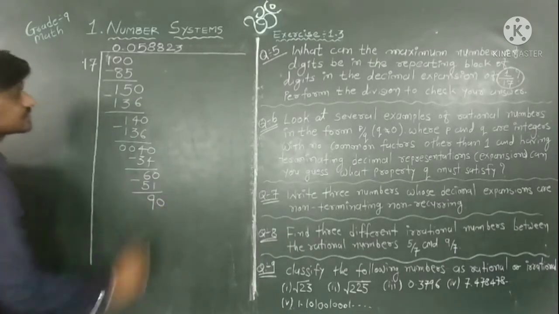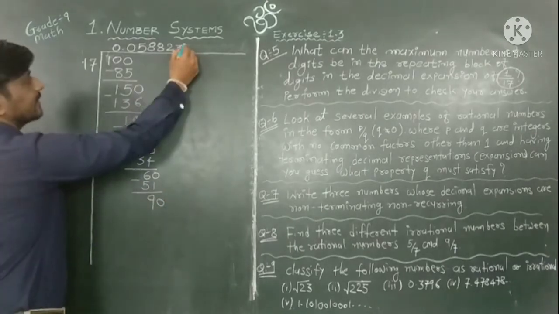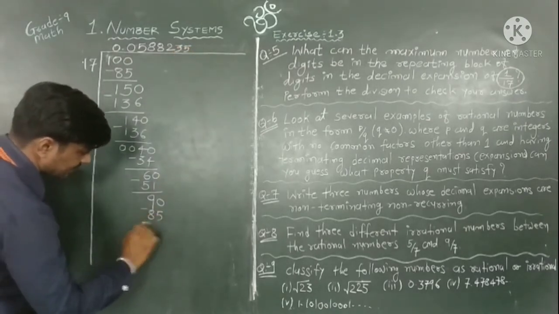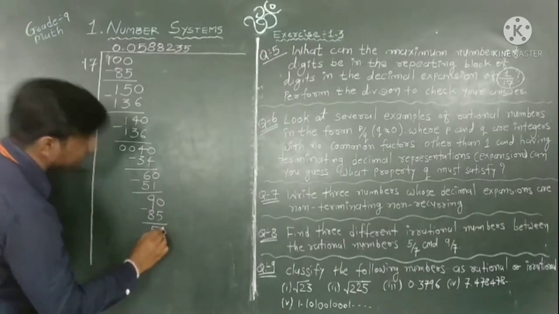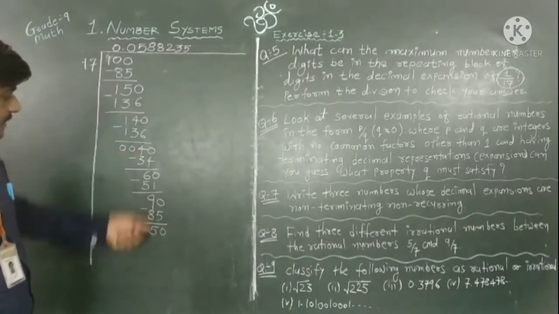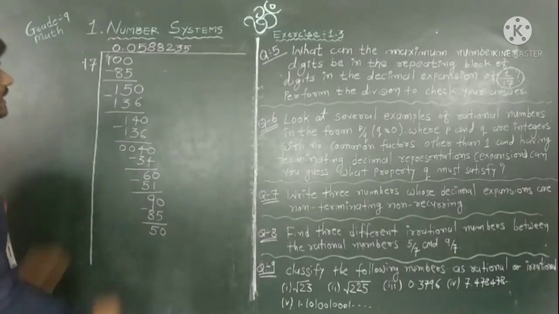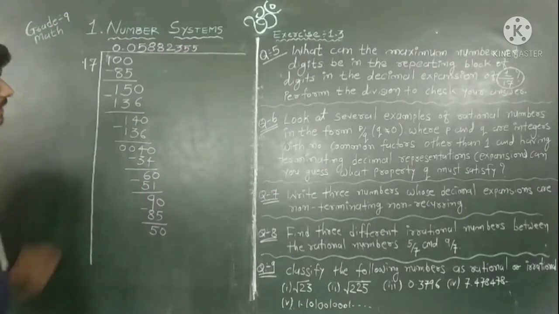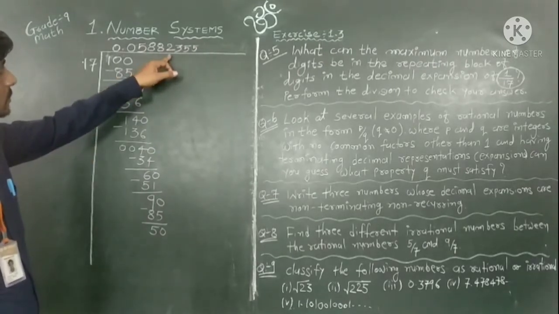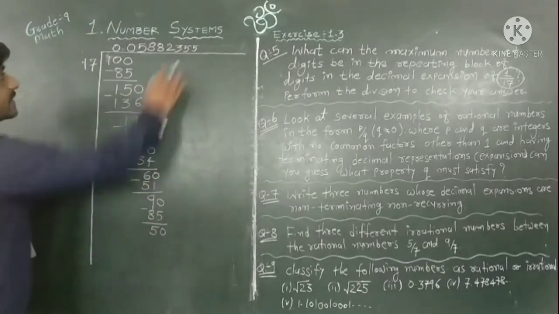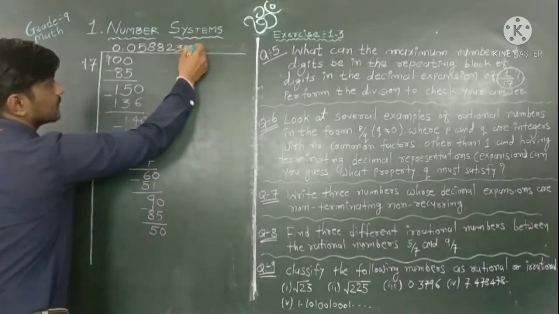Again add 0. Now 17 5s are 85. So what is remaining? 5 is remaining. Add 0. Now here we have 50. 17 5s are 85 is big, so 17 2s are 34.